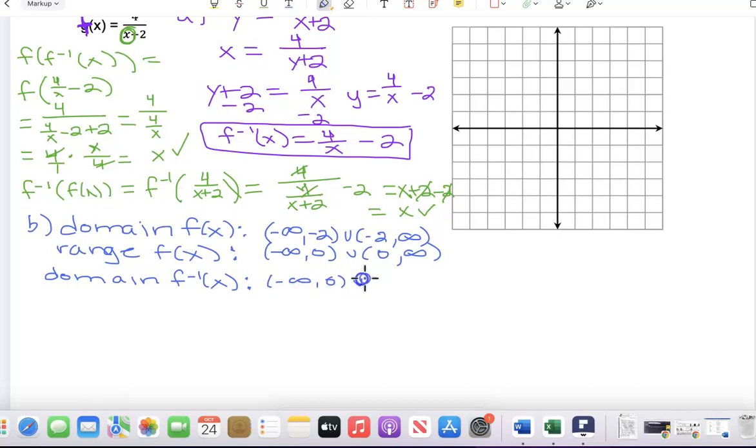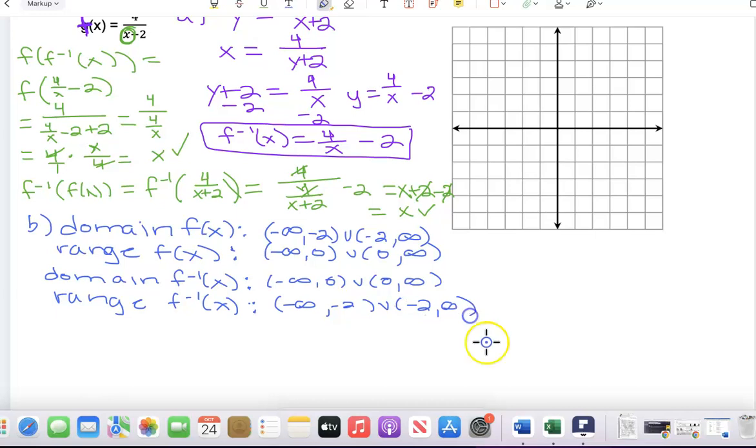And the reason why I said you could do that instead of the range is because remember, one of the properties of inverses is that the domain and range are switched. So the domain of f inverse has to be the range of f of x. So if you find both domains, you can really just copy down the ranges from the other domain. So I know that the range of f inverse is going to be everything except negative 2. So negative infinity to negative 2 and negative 2 to infinity.